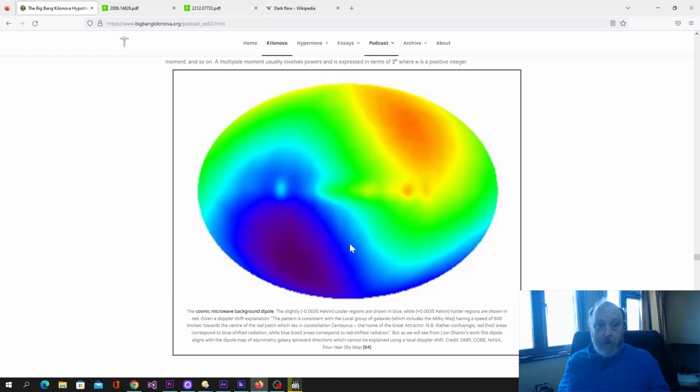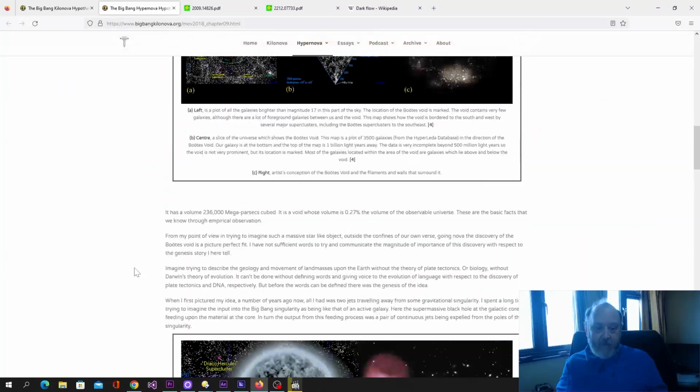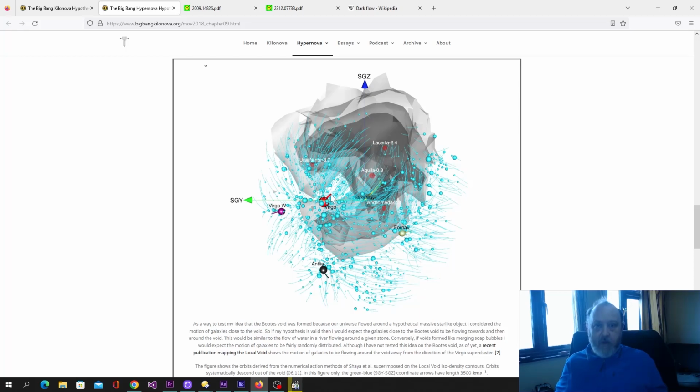So I present my hypothesis, and then there is the Lambda CDM model's explanation for this. It is also the Lambda CDM model's explanation for why we're seeing the local group of galaxies moving around this local void, this massive local void.